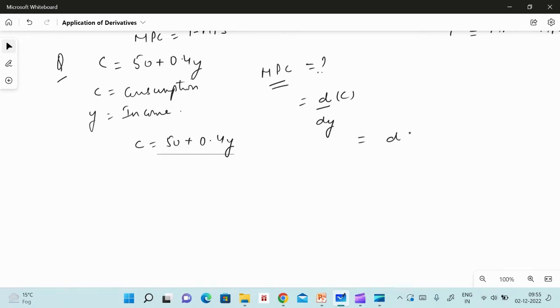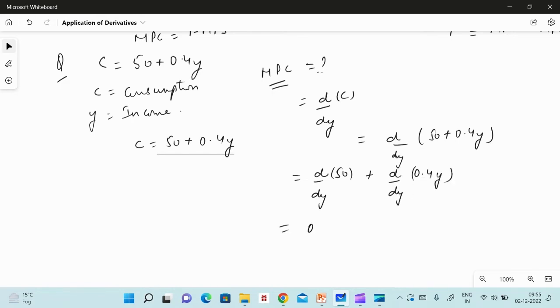This gives me d by dy of 50 plus 0.4y, or I can write it as d by dy of 50 plus d by dy of 0.4y. So it simply gives me 0.4. So this is my answer for marginal propensity to consume.